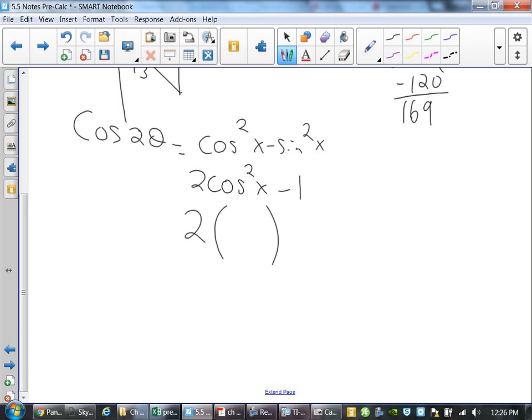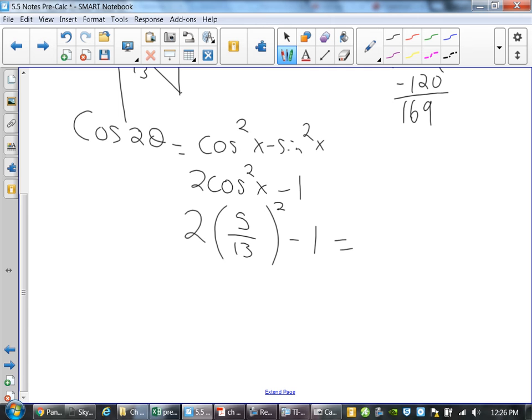Our cosine value was 5 over 13, so 2 times 5 over 13 squared minus 1. So what's 5 squared? 13 squared. So I get 5 squared over 13 squared, which is 25 over 169.